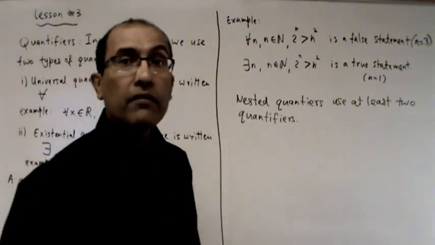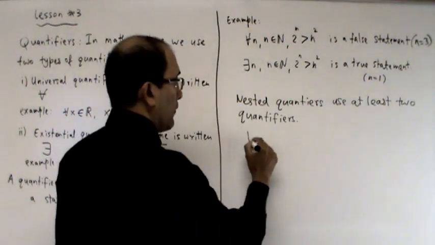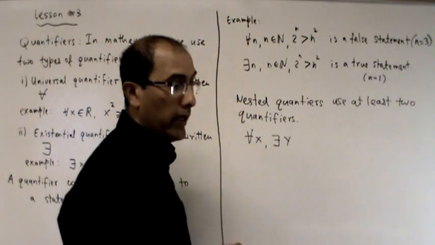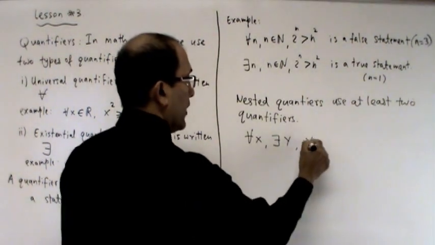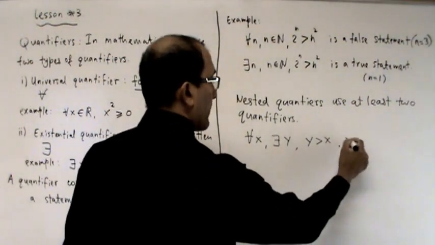So for example, if I write you a statement like this, for all x, for some y, y is bigger than x, and x, y belong to R.